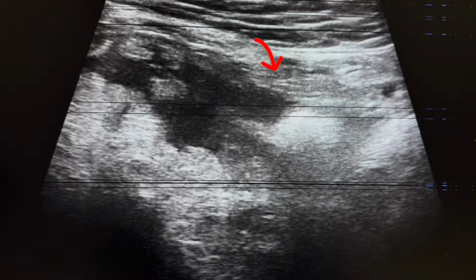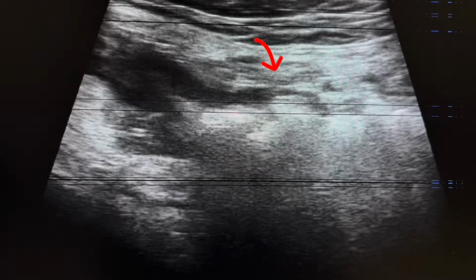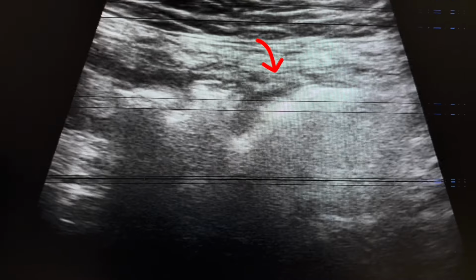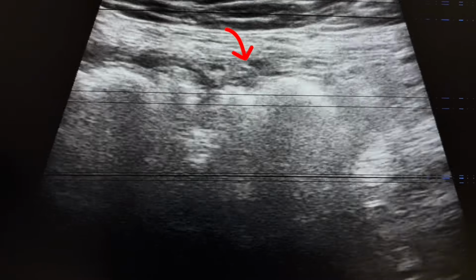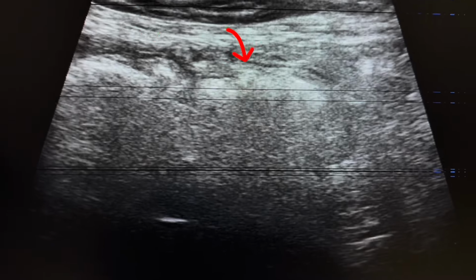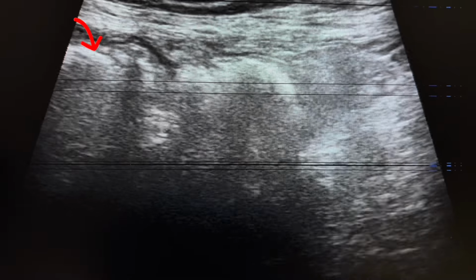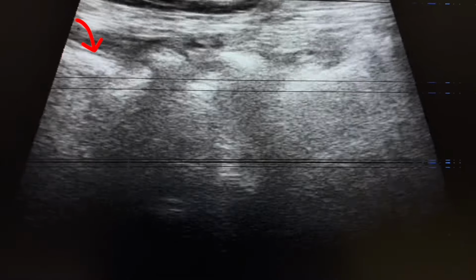Now we will change the convex probe to a linear probe to scan the ascending colon. Here we see the walls of the ascending colon are prominent and here we see the gases.